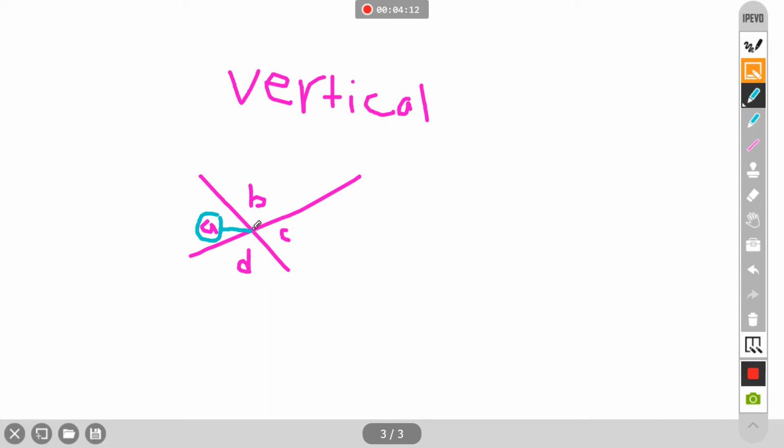They want to look at this vertex point and then continue to look straight ahead of that. What angle are they going to come to? That's going to be angle C in this case.